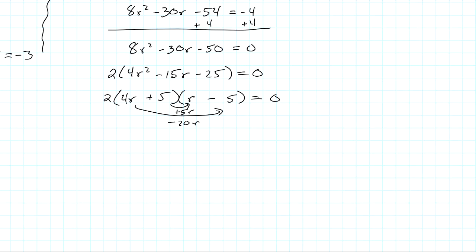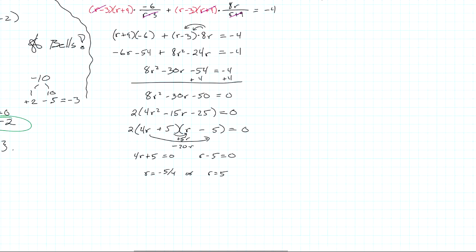And so 2 times 4r plus 5 times r minus 5 equals 0. One of them has to be 0. It's not the 2. The 4r plus 5 could equal 0, or the r minus 5 could equal 0. So we get r equals negative 5/4, or r equals 5.